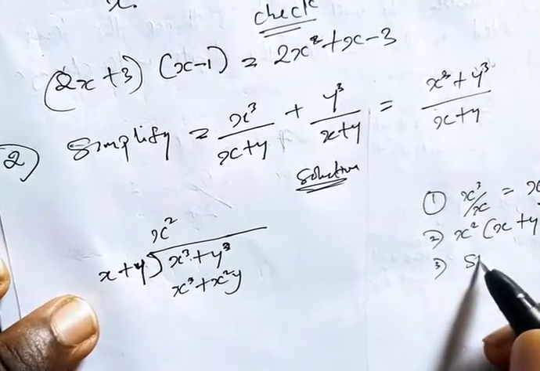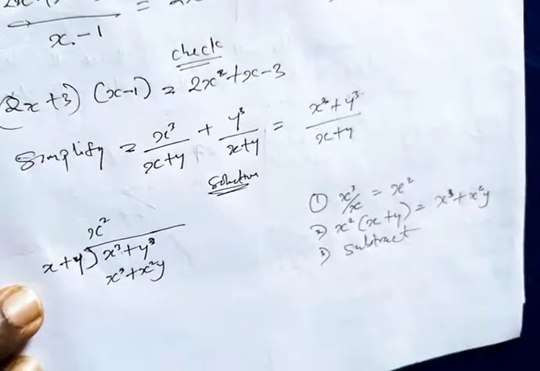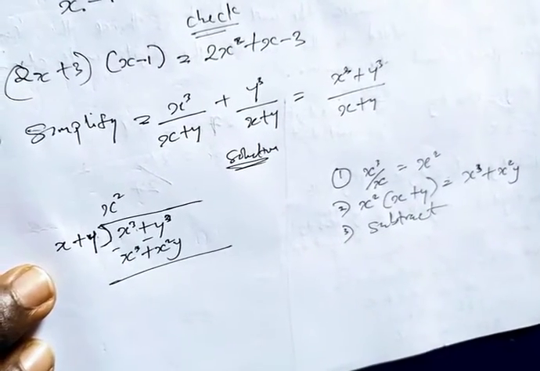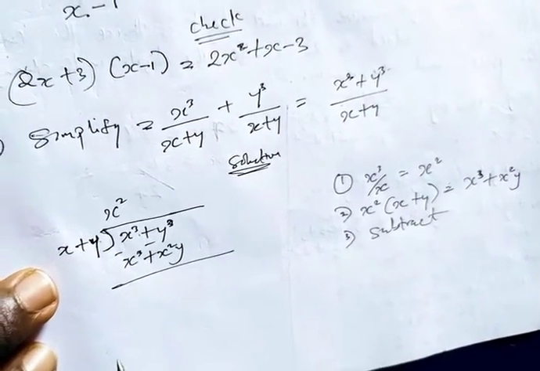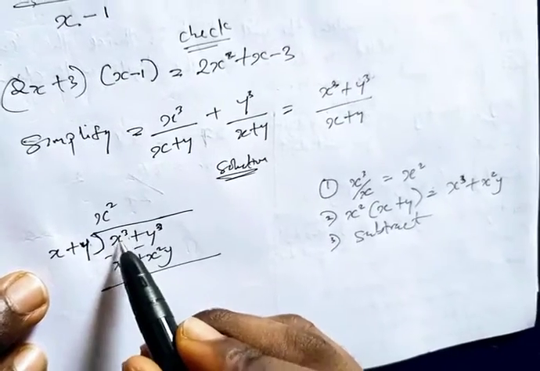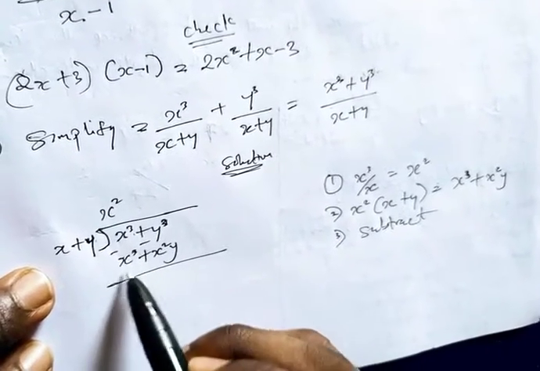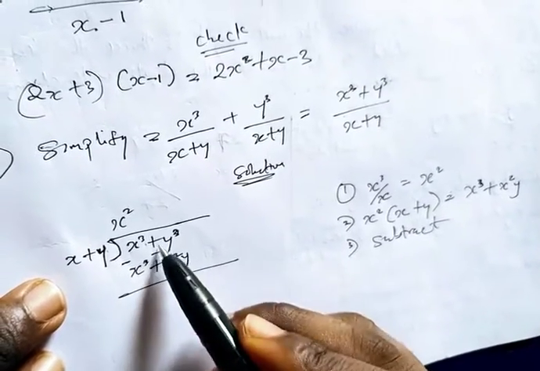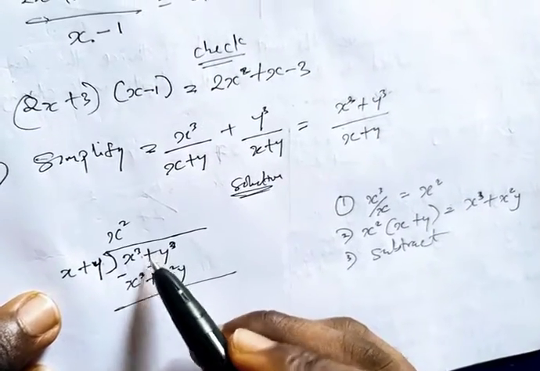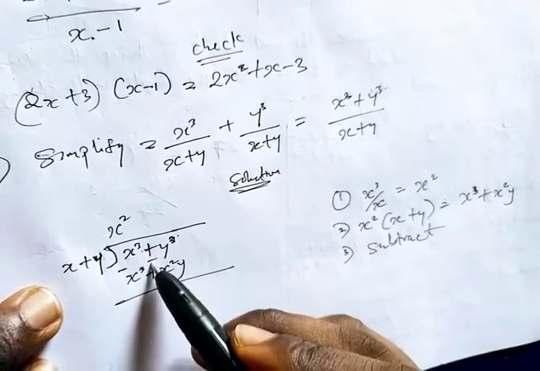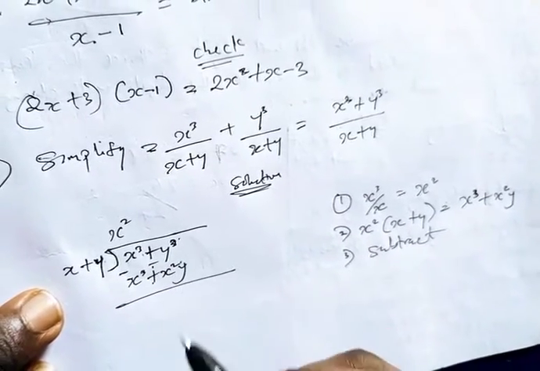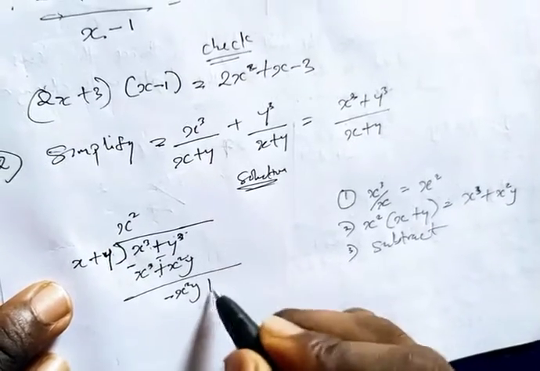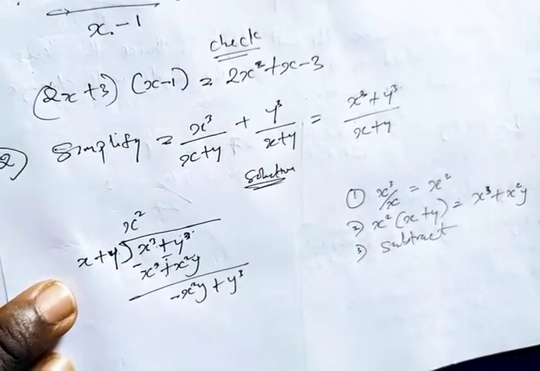And the third step is to subtract. Now I can see that this minus this, x cubed minus x cubed cancels out, and I'm left with minus x squared y plus y cubed.